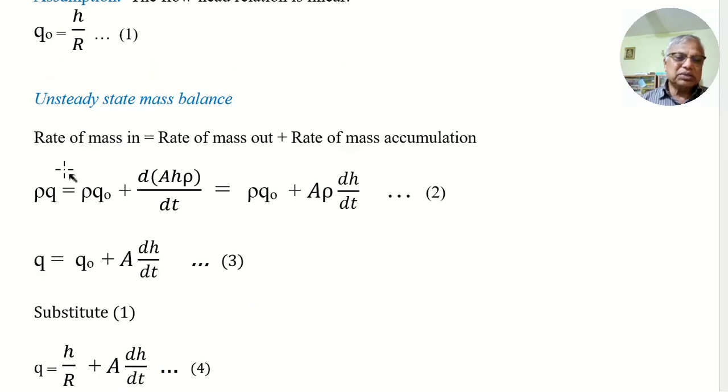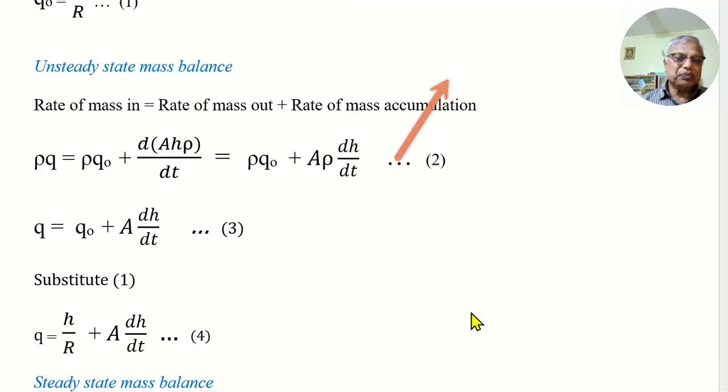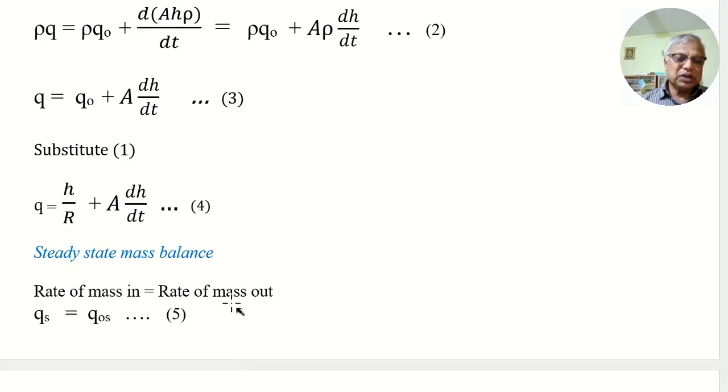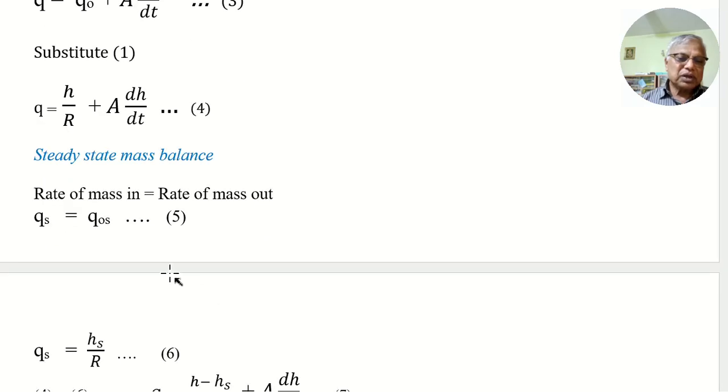The steady state mass balance is the same, mass in equals mass out, only the mass accumulation will be 0. So at steady state, the rate of mass in equals the rate of mass out. So you can write rho Qs equals rho into Q naught S, rho and rho cancel. So Qs equals Q naught S. Once again, I'll substitute equation 1 for Q naught.